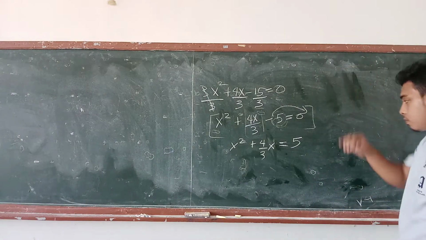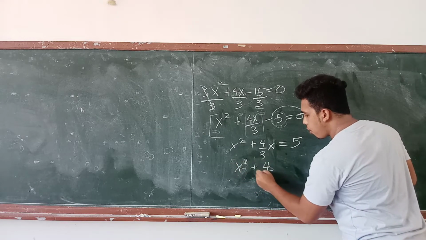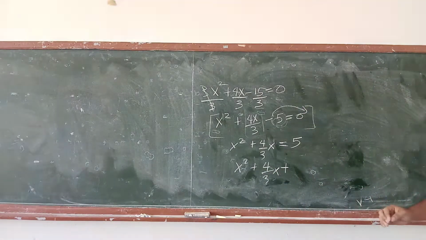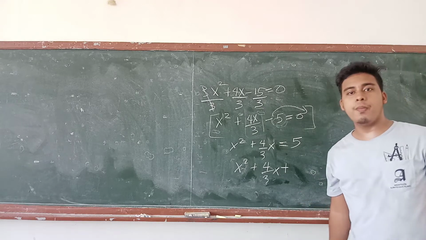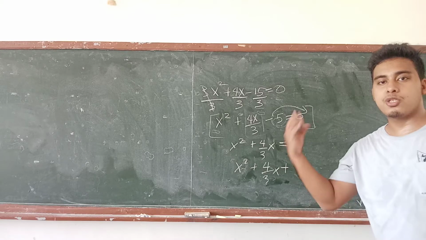Next, x squared plus 4 over 3x plus, again, what we will do is divide the k, or the numerical coefficient of our linear term, by 2, then square.